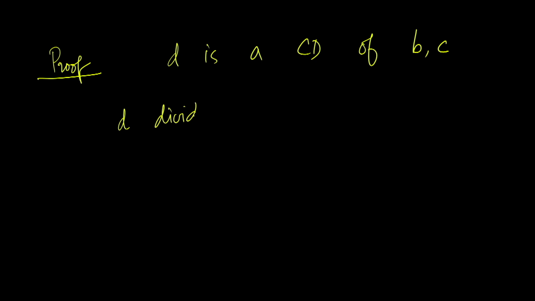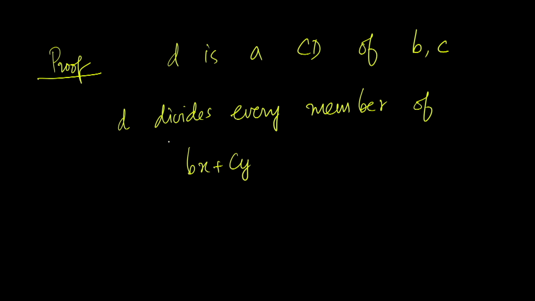To prove this, suppose D is a common divisor of b and c, then D divides every linear combination of b and c. If D divides b and D divides c, then D divides bx plus cy for any pair of integers x and y. So, D divides every member of the set.